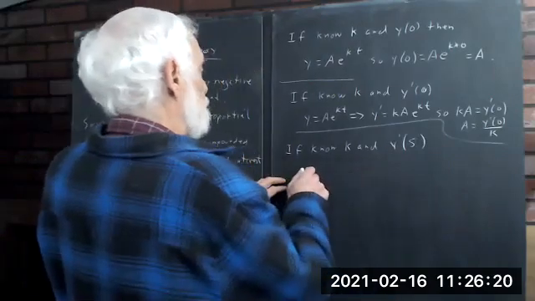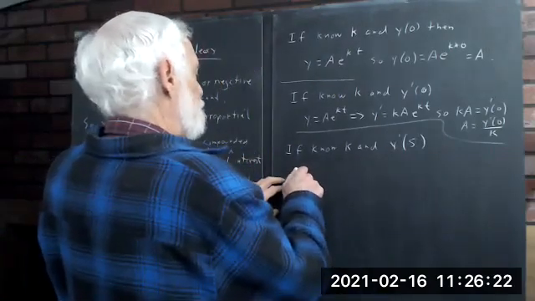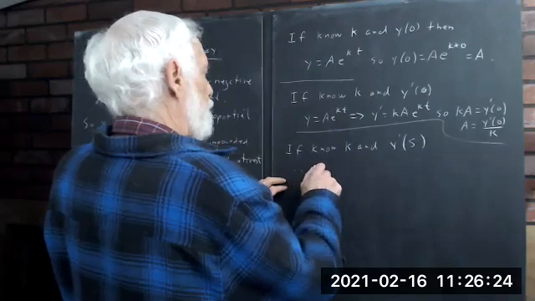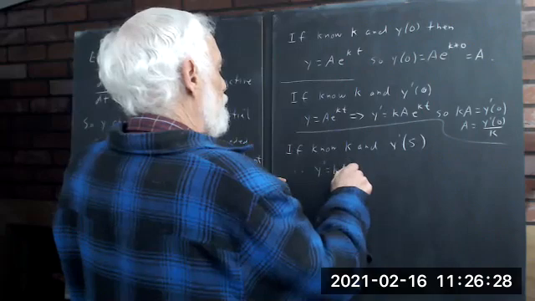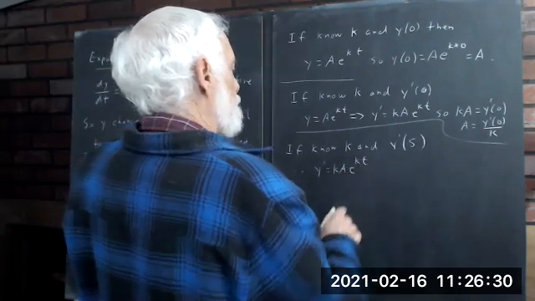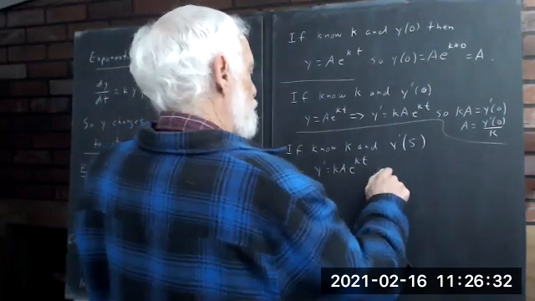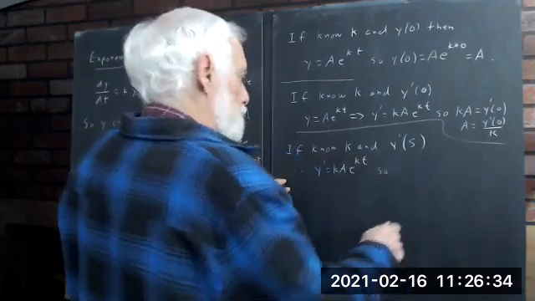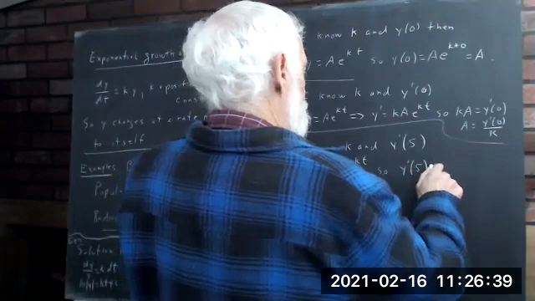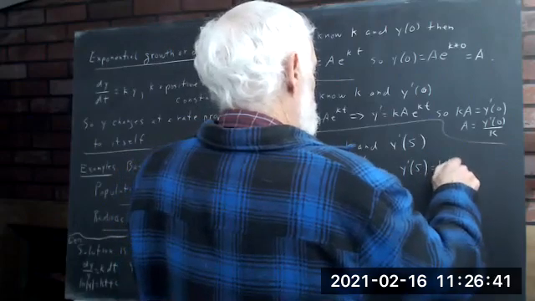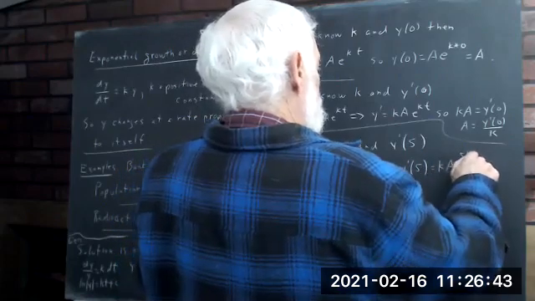Well, again, we get y prime equals k a e to the kt. So y prime of 5 equals k a e to the 5k.